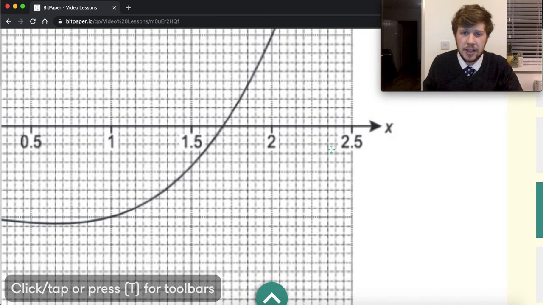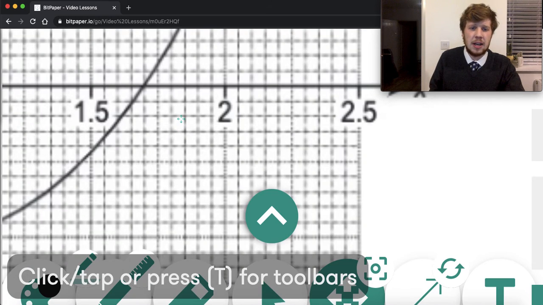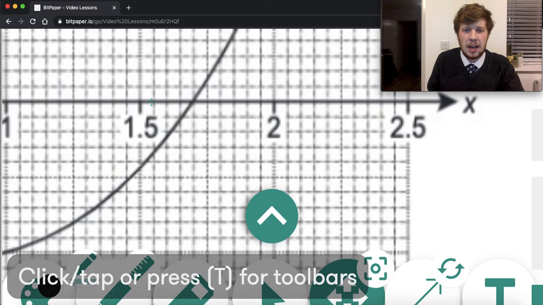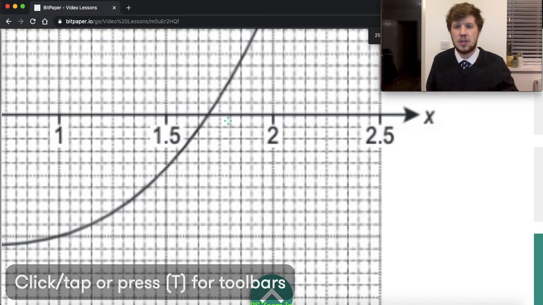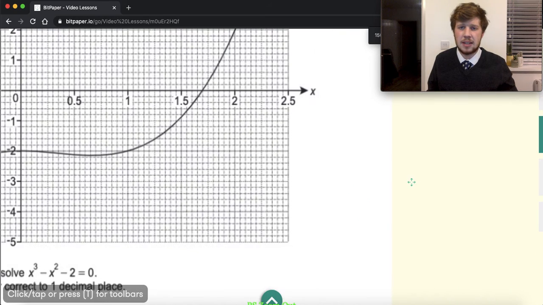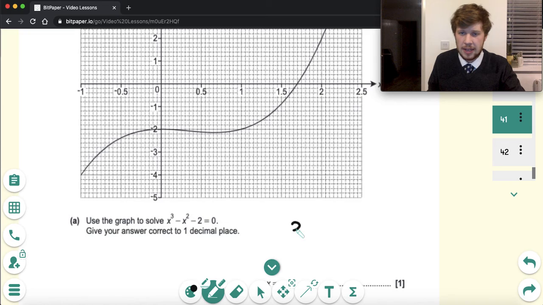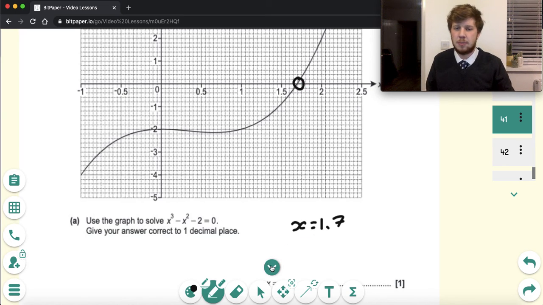So on here it's at 1.5, and it's going to be at about 1.6 here, 1.7. So solving this would give me an answer of x equals 1.7, and that's just by looking at the graph and indicating that it's at this point here.